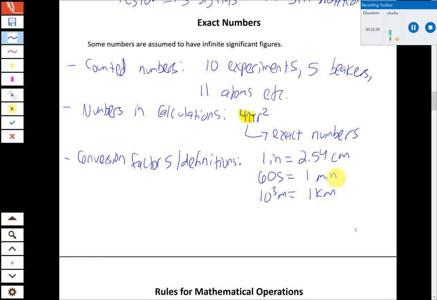Anytime we're using numbers like this, which are just unit conversions and are based on the definition of that unit, then those are, again, assumed to have infinite significant figures. So anytime you have an exact number, there are these 3 categories of exact numbers that I've listed here. They all assume infinite significant figures, and that's how we're going to treat them.